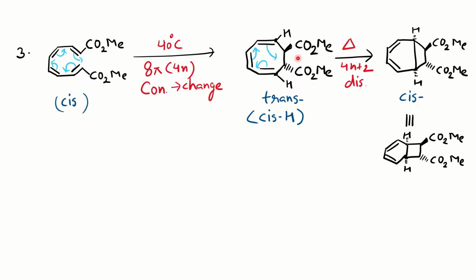Now we don't have to bother about the stereochemistry of this CO2Me, because we always consider the terminal carbon of the pi bond. The terminal carbon is having the hydrogen, and the two hydrogens are cis to each other, right? Both are outside, considered as cis, meaning disrotatory ring closure. Cis means you will get the cis product here.